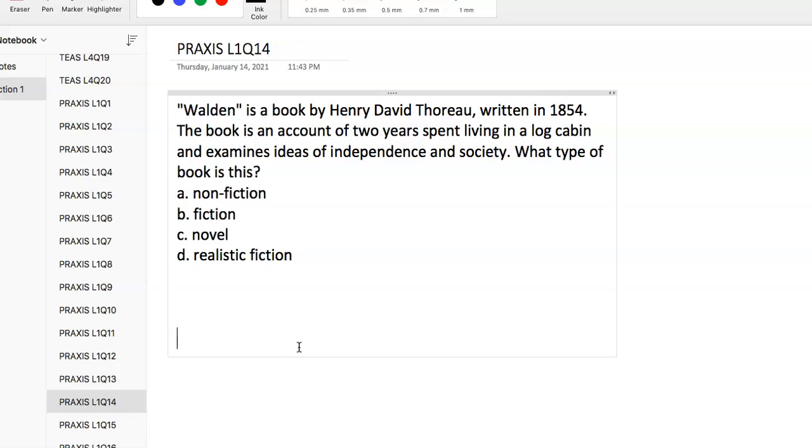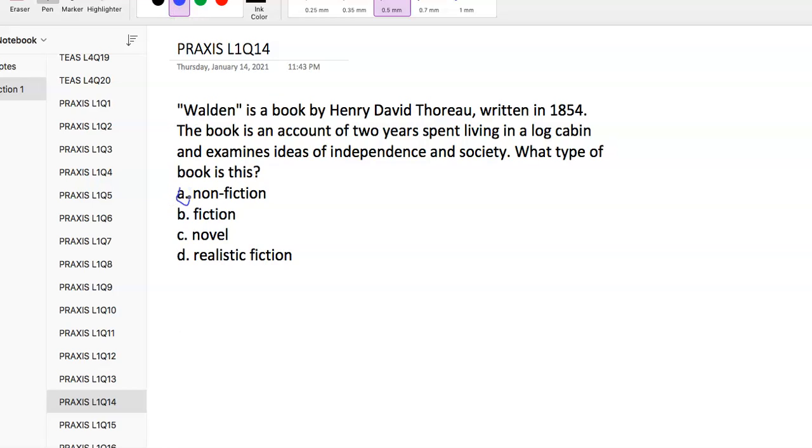Okay, Walden by Henry David Thoreau, which was written in 1854. The book is an account of 2 years spent living in a log cabin and examines ideas of independence and society. What type of book is this? And we would like to know that it's nonfiction. Right?